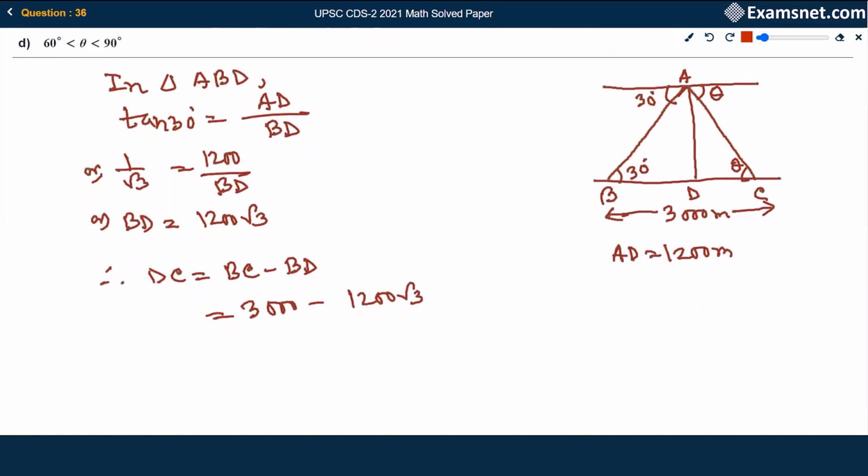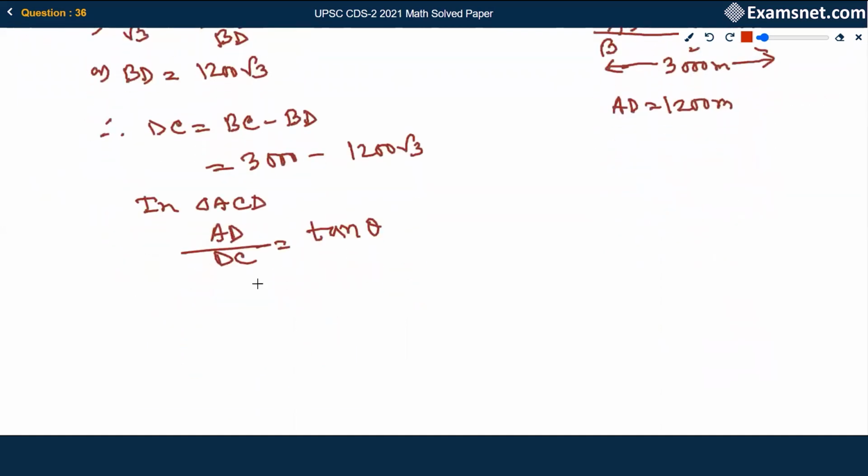Next, in this right angle triangle ACD, we can write AD by DC equals tan theta, correct? Or we can write DC by AD, that is cot theta, just the reciprocal.